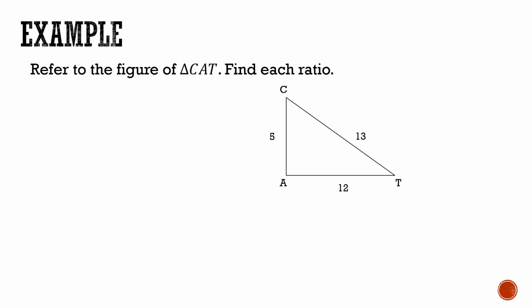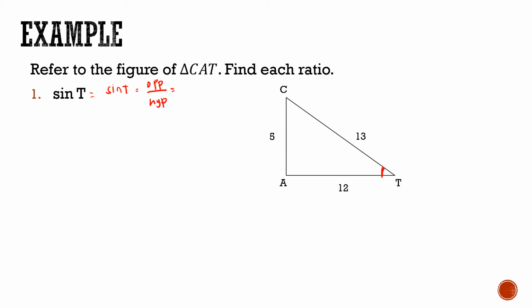Example. Refer to the figure of triangle CAT and find the ratio sine T. Therefore, our reference angle is angle T. And since that is sine, we know that sine T is equal to opposite over hypotenuse.